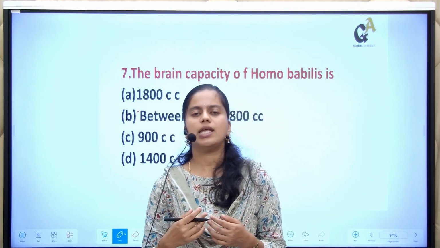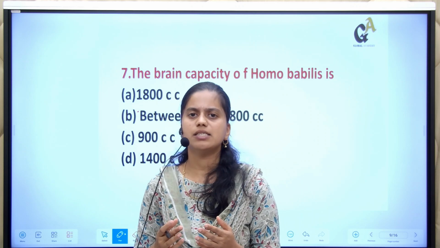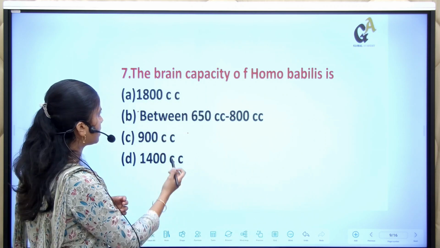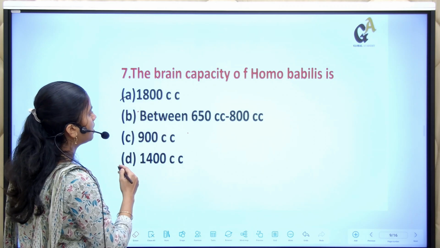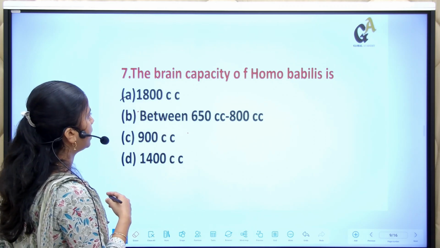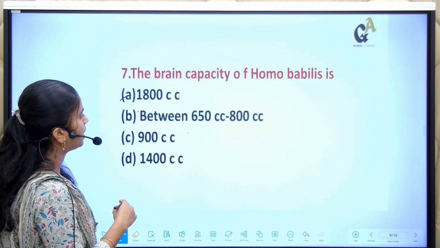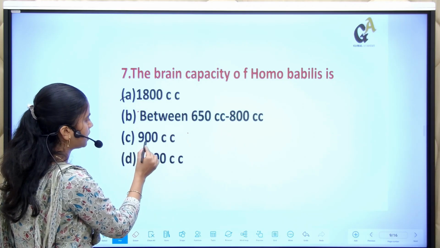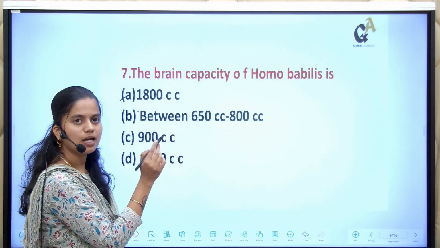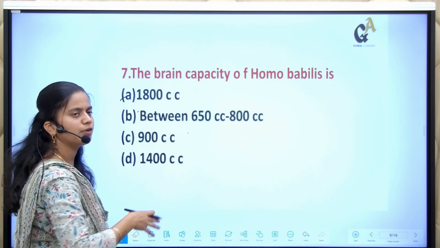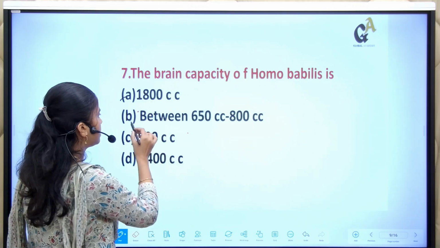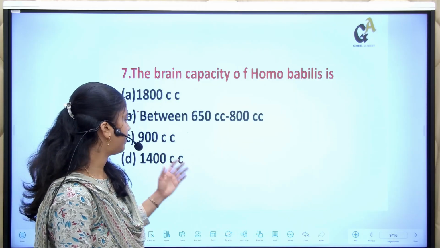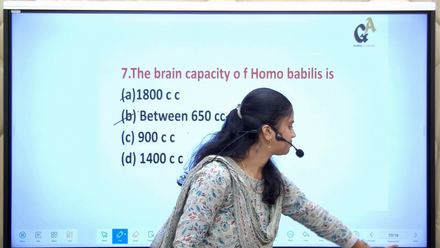Usually an ancestor has very little brain capacity. In these options, option A is 1800 cc, which is a big brain capacity, whereas option B is between 650 to 800 cc. Option C is 900 cc. Option D is 1400 cc. Which among the following has the least brain capacity? That is between 650 to 800 cc. Option B is the correct answer.